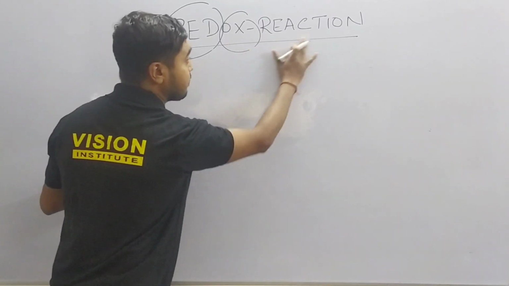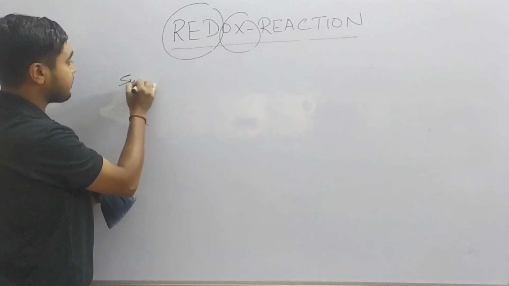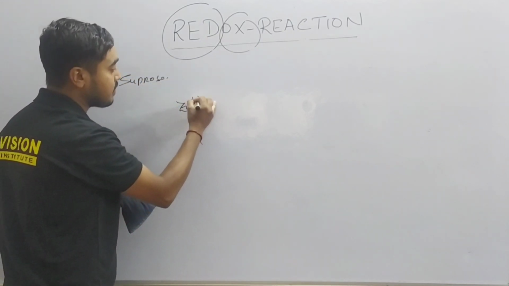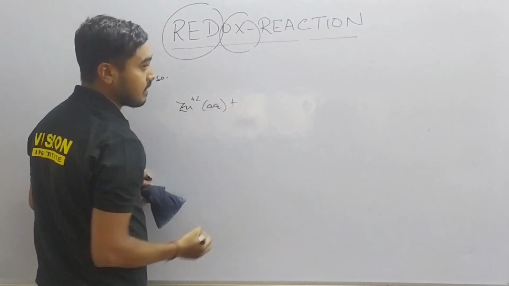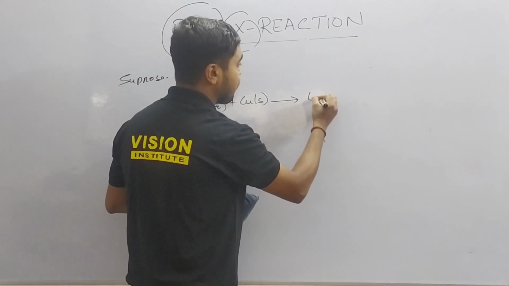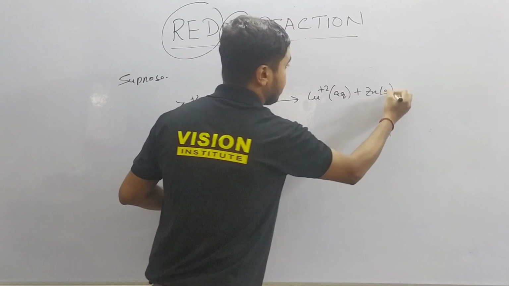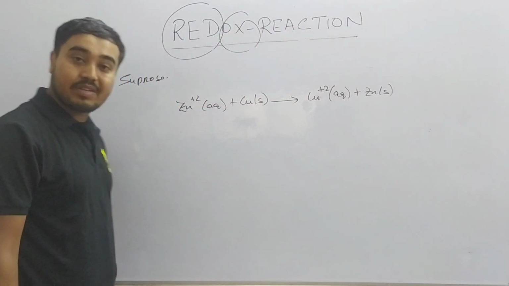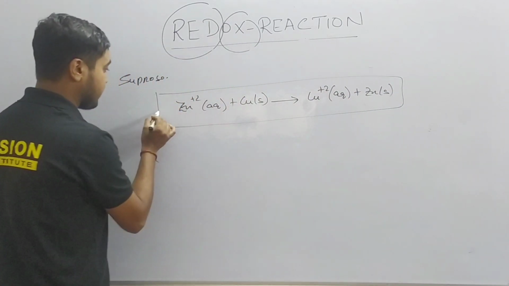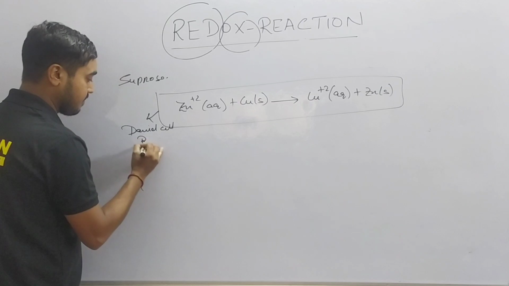Suppose a reaction is occurring with Zn2+ aqueous reacting with copper solid and resulting in formation of Cu2+ aqueous and Zn solid. This reaction is called the Daniell cell reaction.